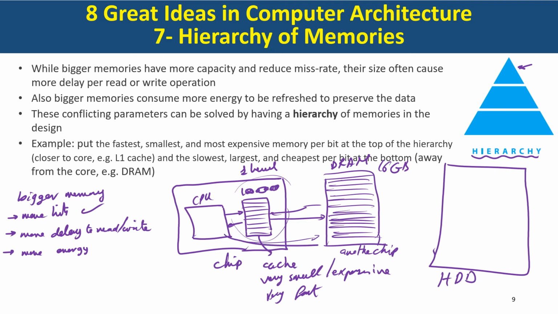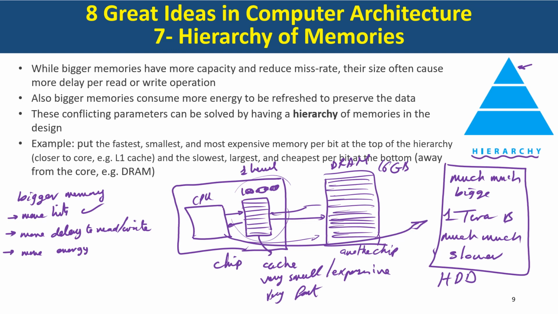And that's of course much more delay. That's much bigger, maybe in tera, 1 tera, for example. Many hard drives nowadays have a minimum of 1 terabyte in size, but much slower.